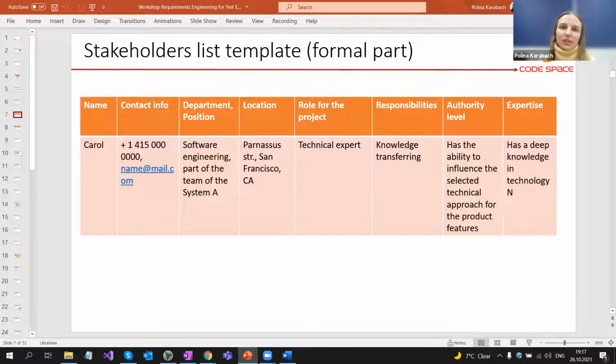In this way, we structure information about our stakeholders and can understand whom it would be best to contact. This is also a great tool for a person who is new to the project and doesn't know everybody yet.